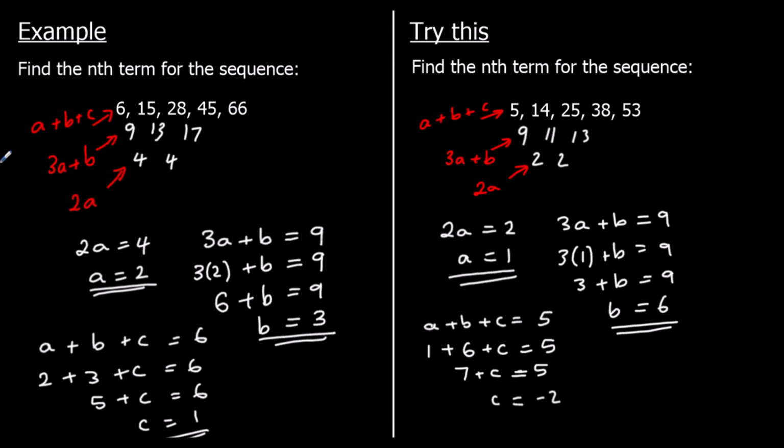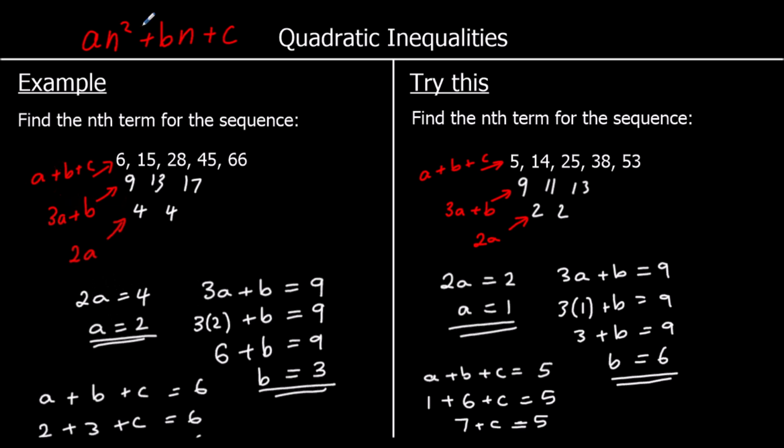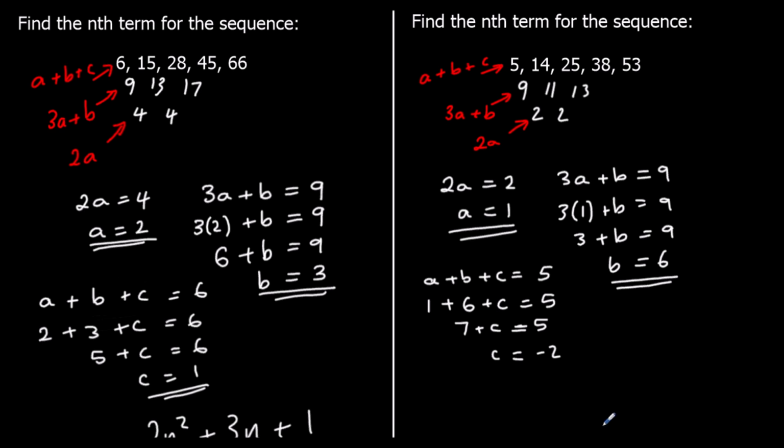So remember, it's the form an squared plus bn plus c. So we've got 1n squared, which we can just write as n squared, plus 6n minus 2. So this is our nth term. So if we substituted 1 in, we'd get 5. If we substitute 2 in, we'd get 14, and so on.